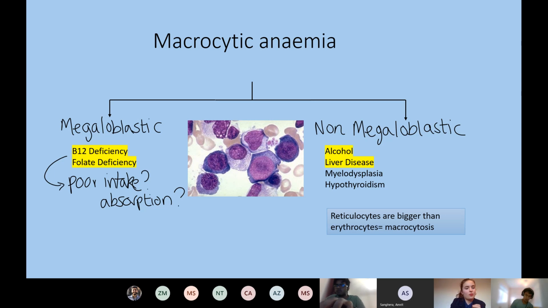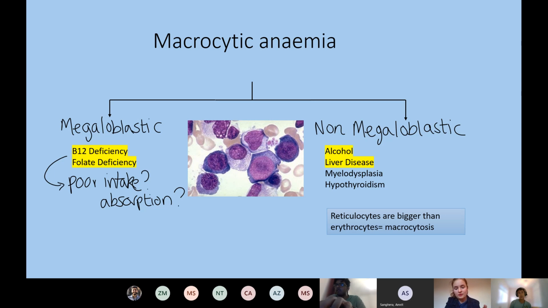We were taught this, but I didn't remember it until I learned it in 4th year. But basically, folate is one of the precursor substrates for making the DNA in erythrocyte development, and B12 helps that as a cofactor.